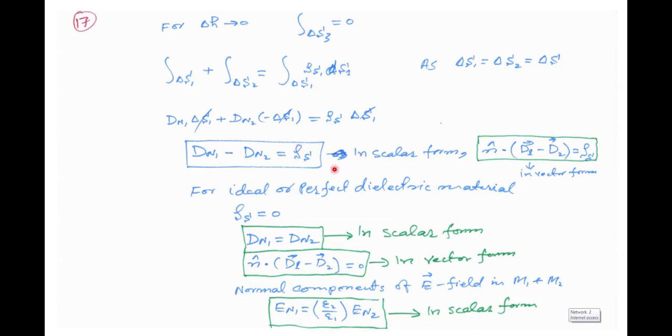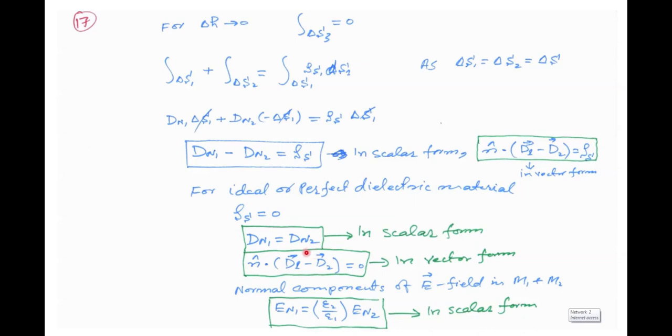Now let us see these two relations for perfect dielectric materials. In perfect dielectric materials, the conductivity value is 0, so the surface charge density is 0. Hence this relation reduces to this form, and this one reduces to this form. These two relations represent the normal boundary condition at the interface between two different dielectric materials.